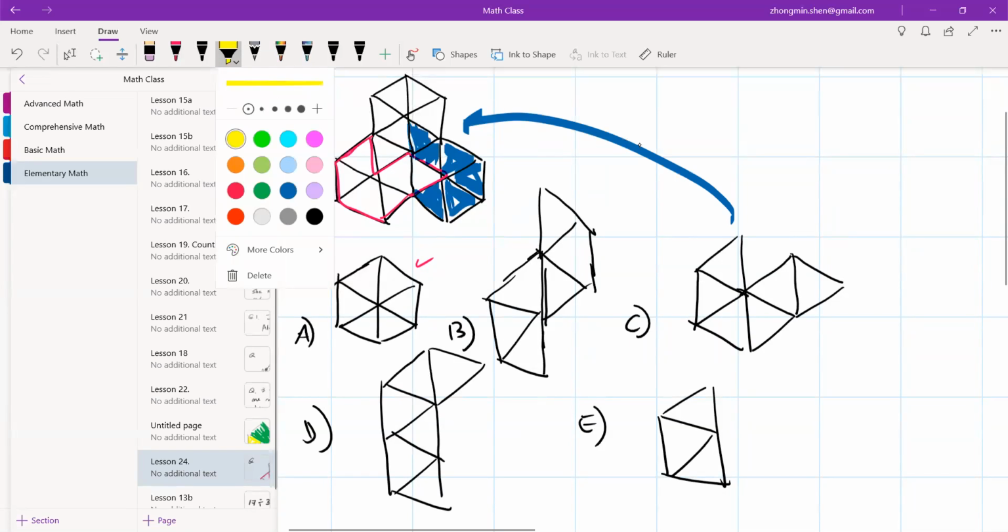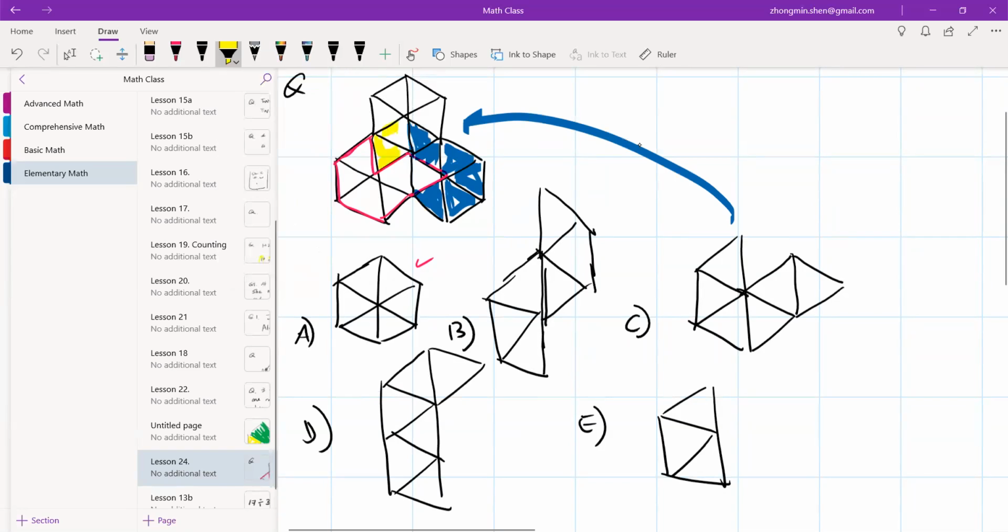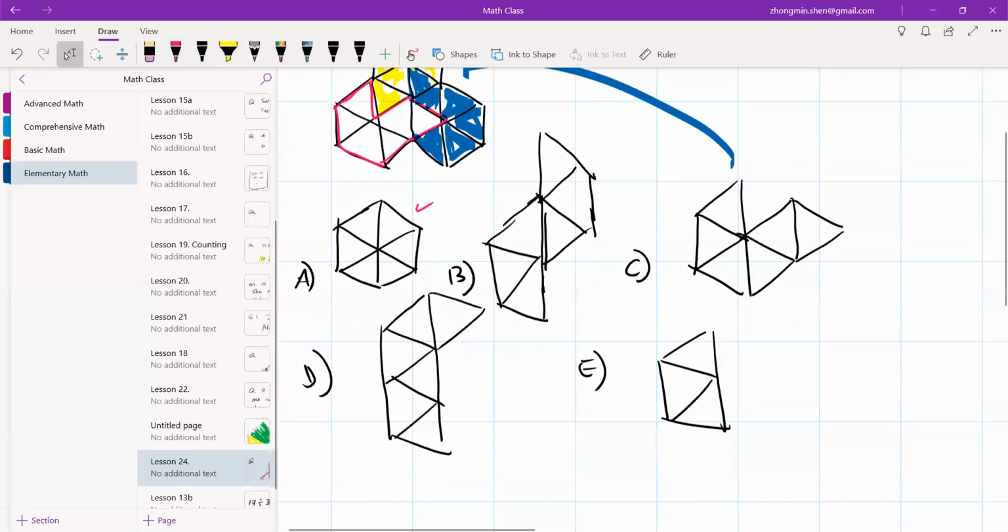Now, how do you extrude one of them, which is not possible, is in order to make a picture like that, you total have 18 triangles, right? 6 plus 6 plus 6. Total, right? 18 triangles.